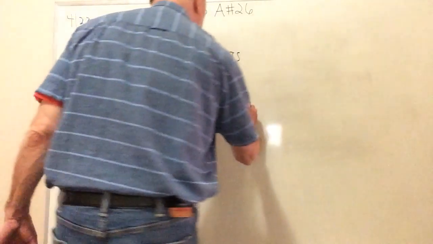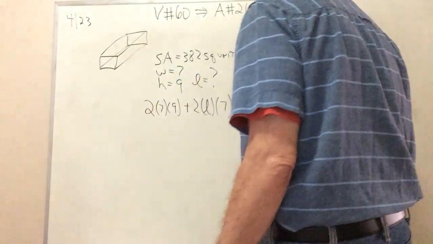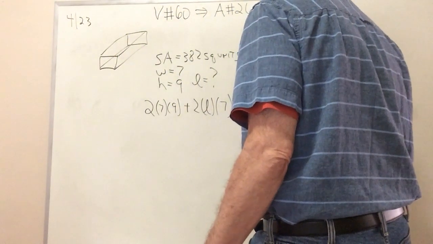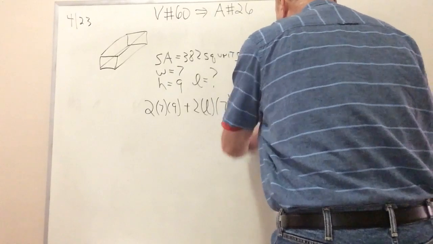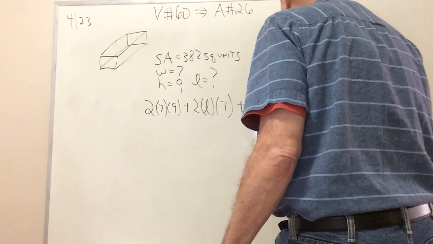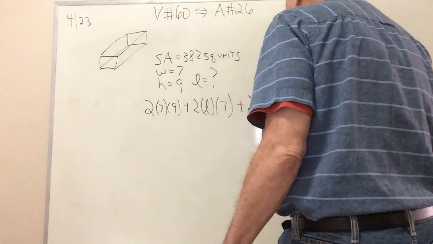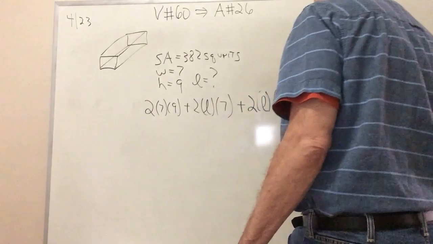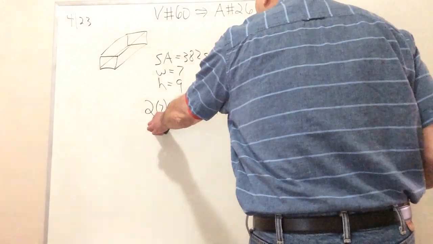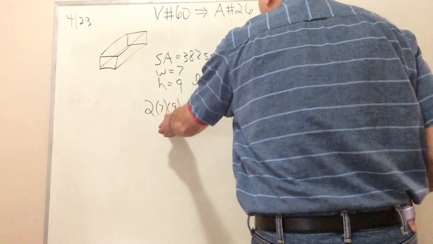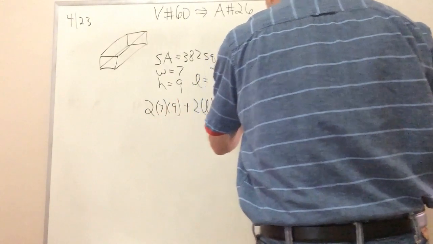And finally, plus 2 times L, excuse me. Sorry about that. L times 9. And the whole thing is equaling 382. So just make sure that you do have the combination. This would be WH, LH, and LW, or whatever order.